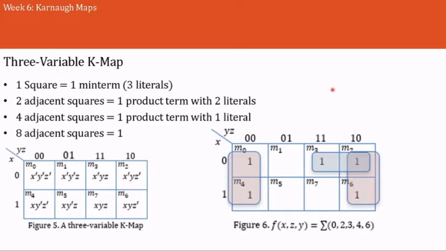And we are going to group them with the power of 2. So the priority will be, do we have 8 adjacent squares? None. Do we have 4? Yes. So this is allowed in grouping. You can actually group in this manner, this is allowed. This one is allowed.